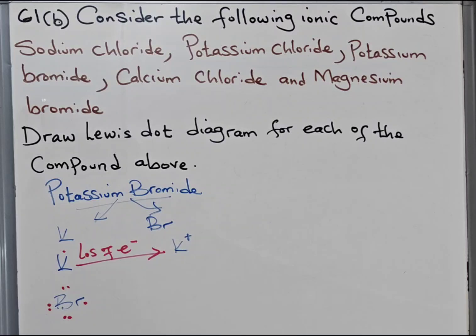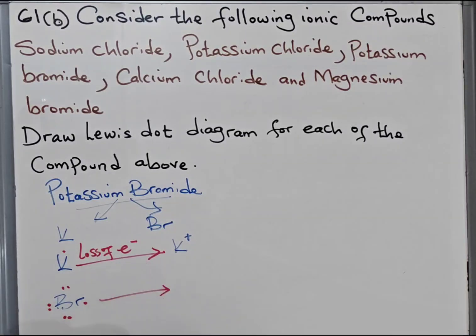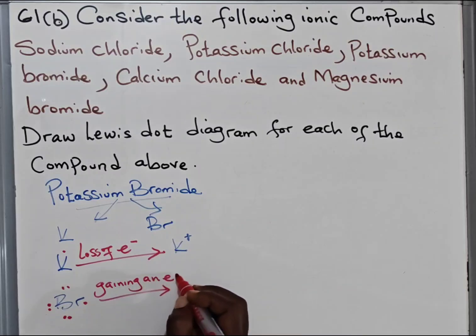Okay? So, for this one, the best option to attain stability is to gain 1 electron. So we say gaining an electron.